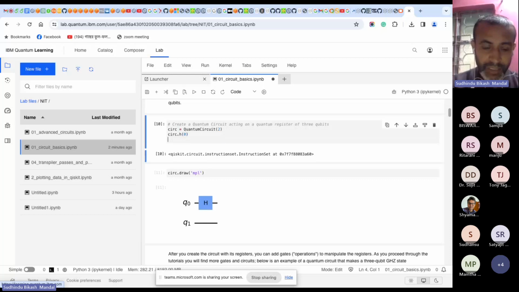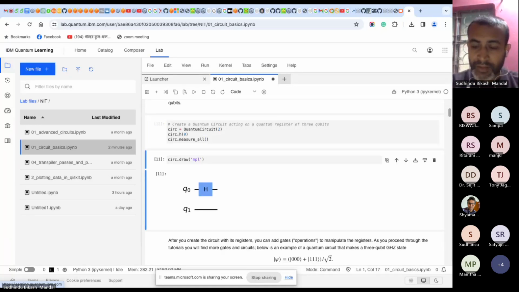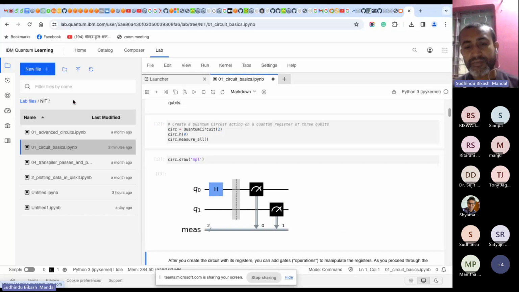And here, if we do circuit dot measure all, now see, this is your quantum circuit. Measure all means after this measurement, the result will go to the mesh register. Mesh register is our classical register.